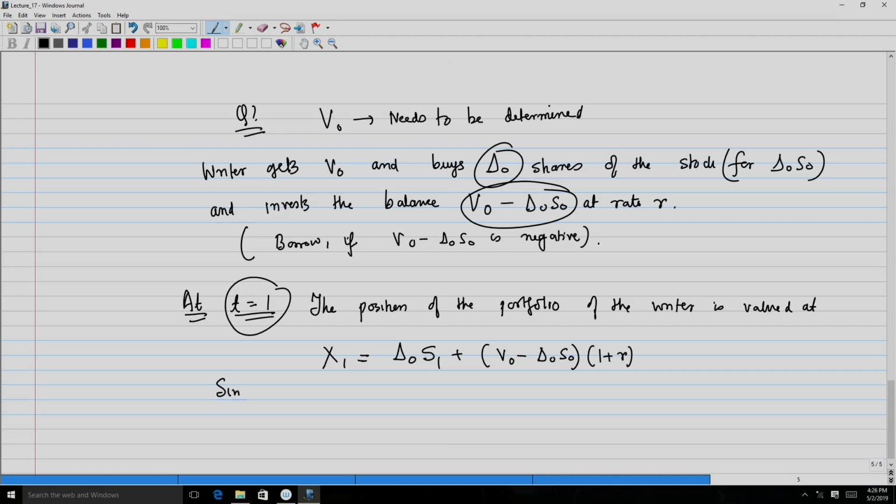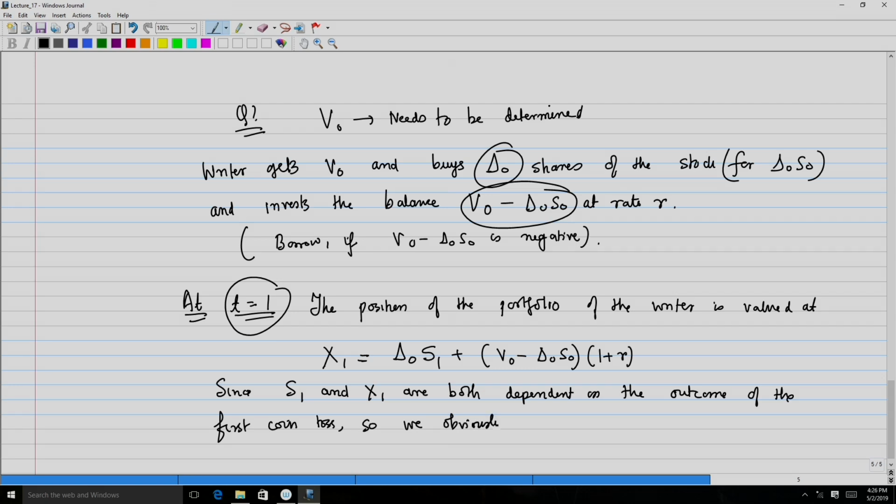Now, since S1 and obviously consequently x1 are both dependent on the outcome of the first coin toss, we obviously get two values for x1, exactly the same as we had done in the case of a single period model, where x1 is basically a random variable.